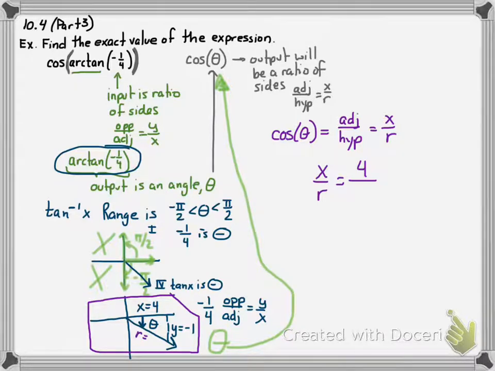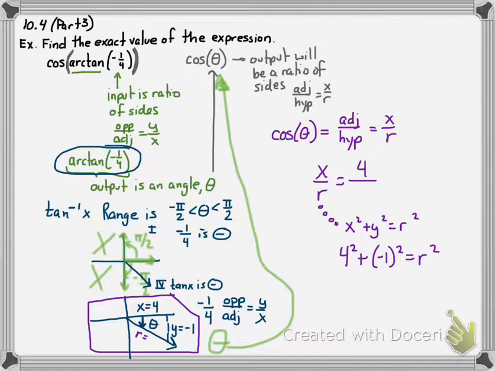I don't know what it is yet, but I can figure it out because I know the Pythagorean theorem. So to get r, I know that x squared plus y squared equals r squared. Our x is 4, so we have 4 squared plus (-1) squared equals r squared.